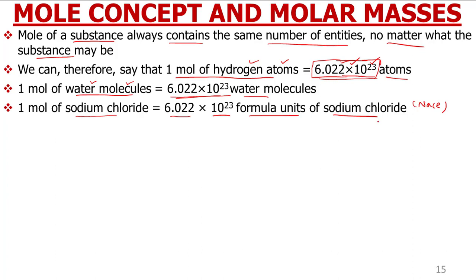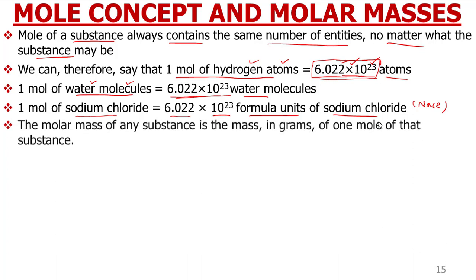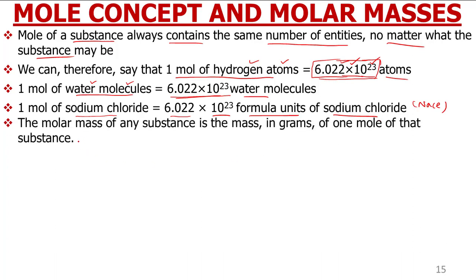This is the number of atoms, and this is now the relation between mole and molar mass, which is very important. The molar mass of any substance is the mass in grams of 1 mole of that substance.